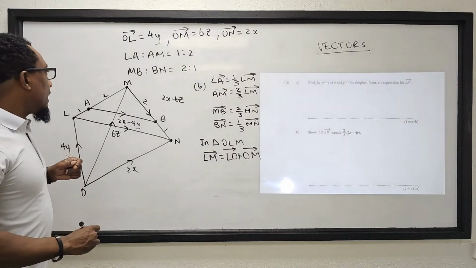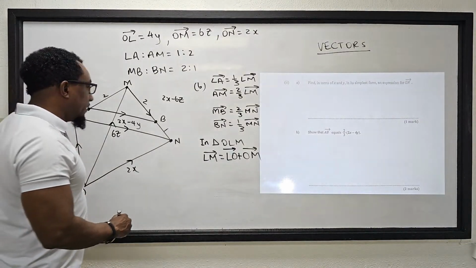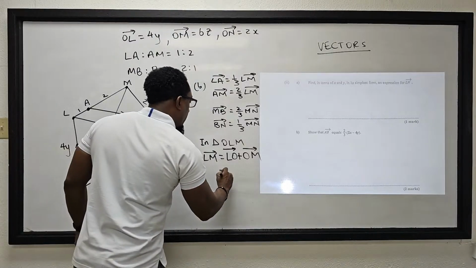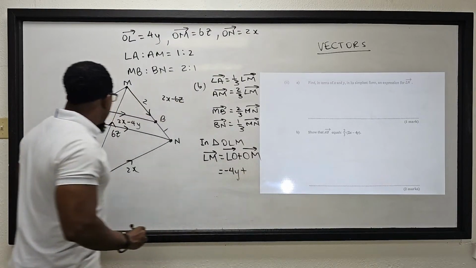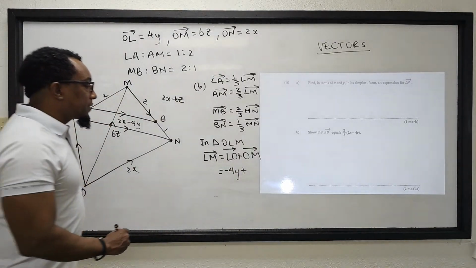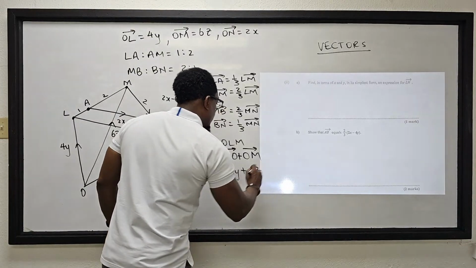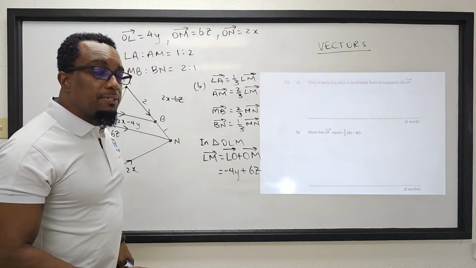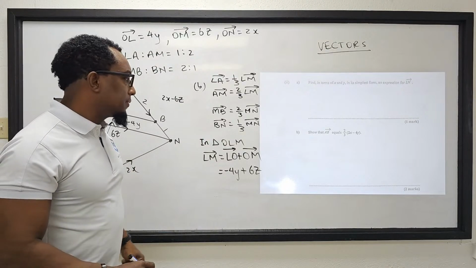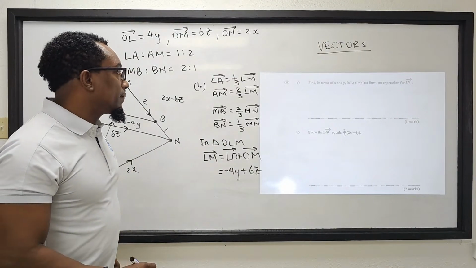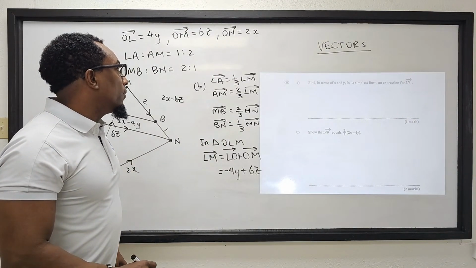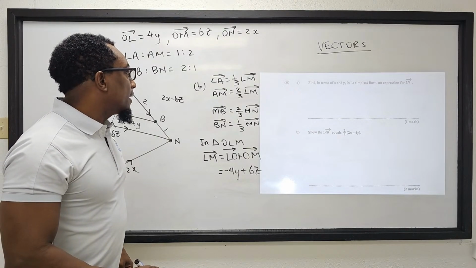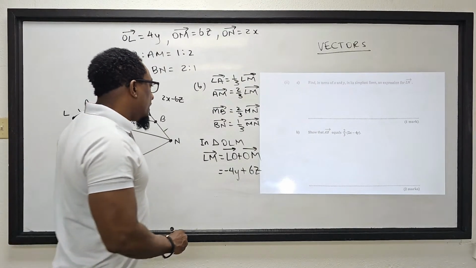And we know that LO will be negative 4y, plus OM is 6z. So we know that LM is negative 4y plus 6z, and I leave it in that order because y comes before z.